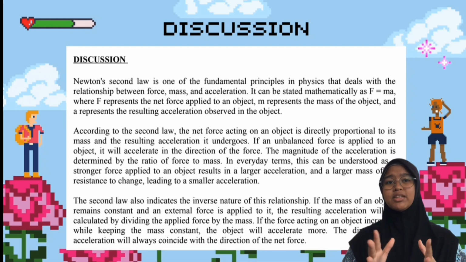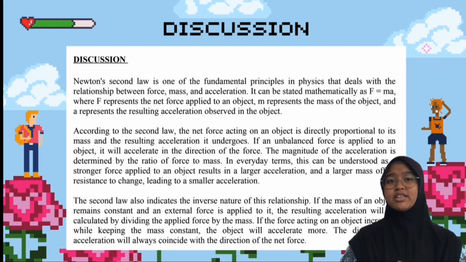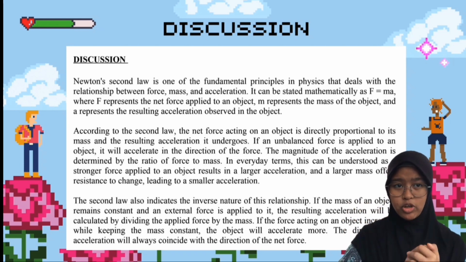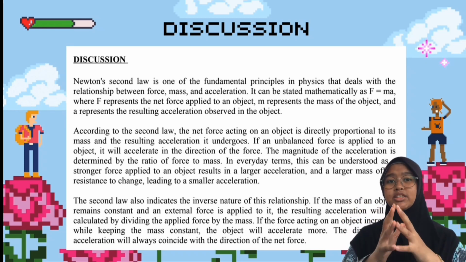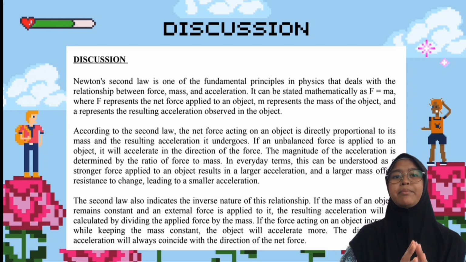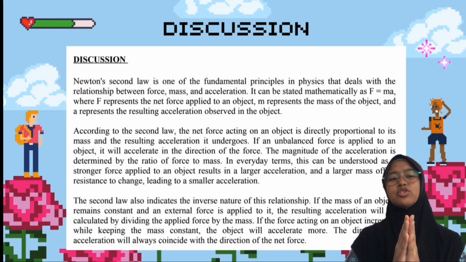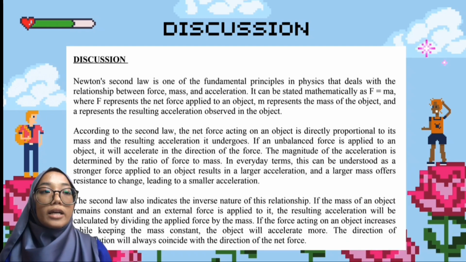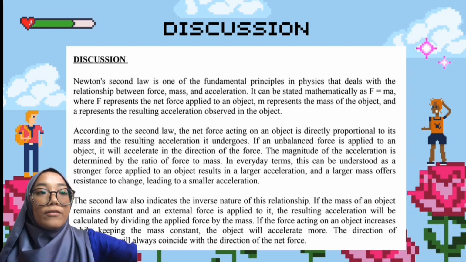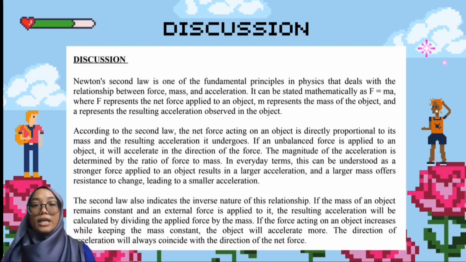In everyday terms, it can be understood as a stronger force applied to an object results in a larger acceleration, and a larger mass offers resistance to change, leading to a smaller acceleration. The second law indicates the inverse nature of this relationship.